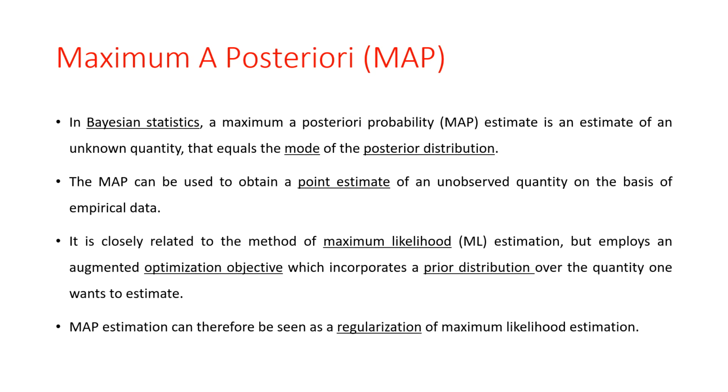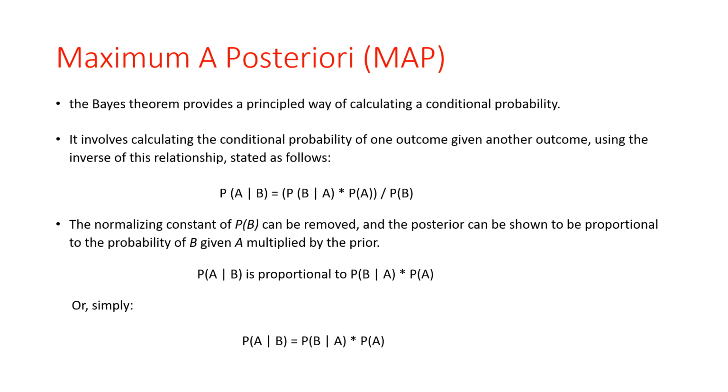As I already said, Bayes' theorem provides a principled way of calculating the conditional probability. It involves calculating the conditional probability of one outcome given another outcome. Using the inverse of this relation, it is stated as P(A|B) = P(B|A) times P(A) divided by P(B). This is Bayes' theorem.